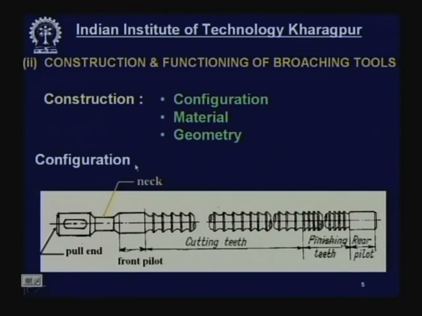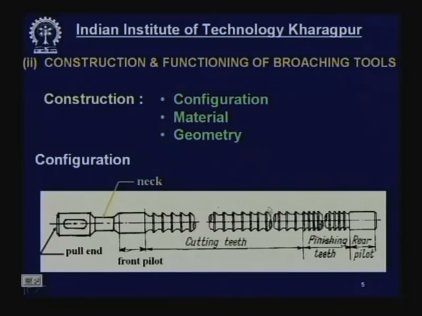You will see later on, we shall discuss that this broach can be push type, pushed into the hole, or pull type, it can be internal, it can be external, it can be of different types. Now, the most common is pull type.